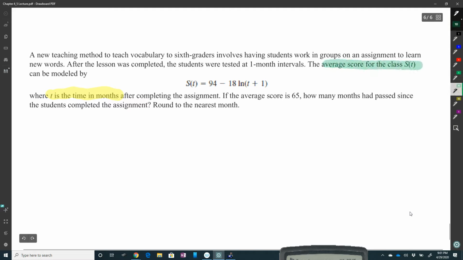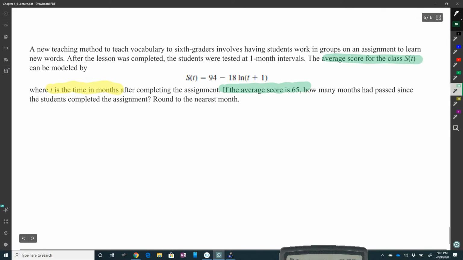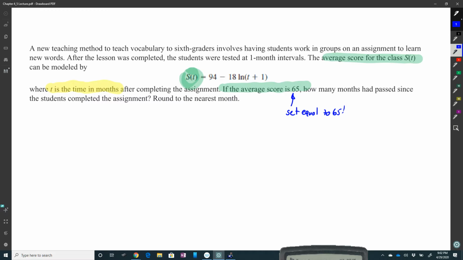So they're telling us if the average score is 65, they're giving us the answer. Since S is right here, they're telling us to set the equation equal to 65 and solve. Now the answer we get is going to be in months.